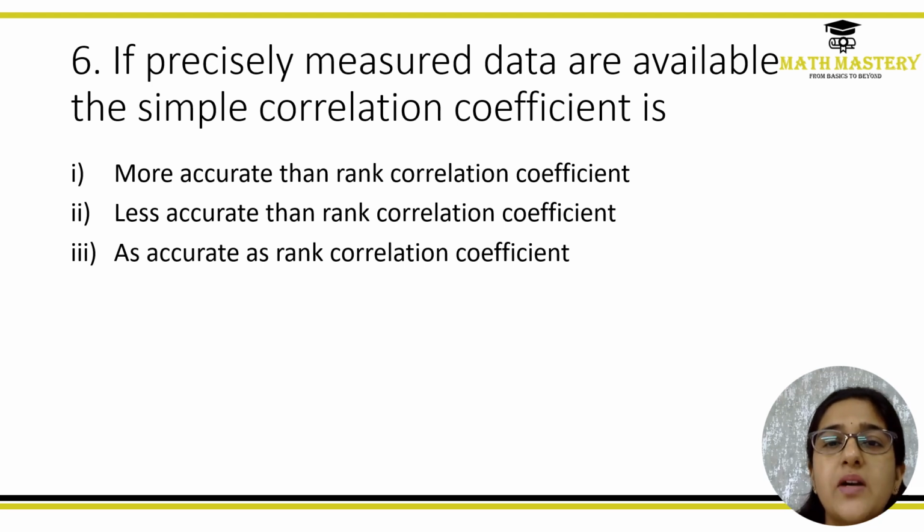If precisely measured data are available, the simple correlation coefficient is more precise or more accurate than rank correlation coefficient, because in simple correlation coefficient, the exact values are used to calculate the coefficient of correlation, whereas in rank correlation coefficient, the data values are first assigned ranks and those ranks are used to calculate the coefficient of correlation.